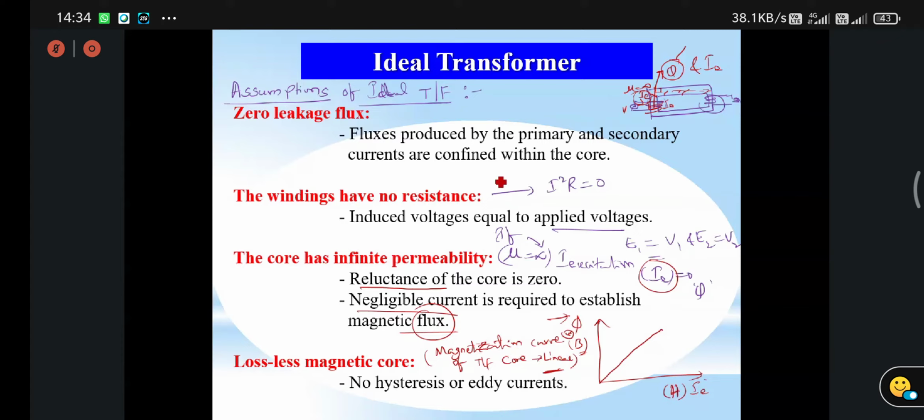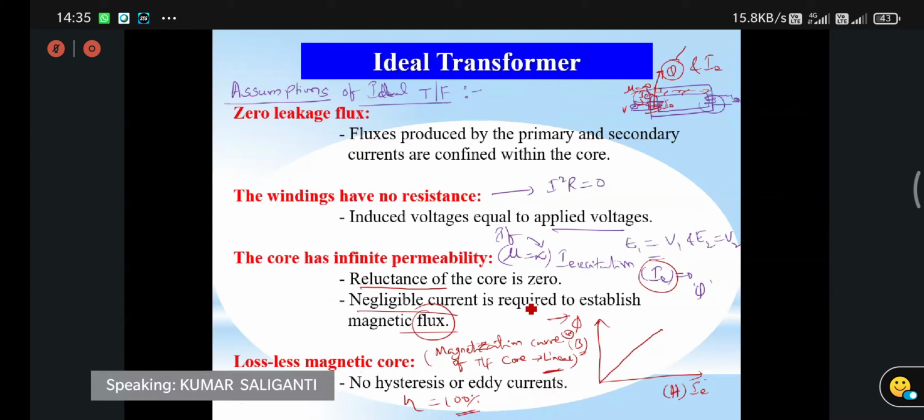Generally, the efficiency of an ideal transformer is 100%. Why does the ideal transformer have 100% efficiency? An ideal transformer is one which has no ohmic resistance, that is, no resistance, and no magnetic leakage flux.